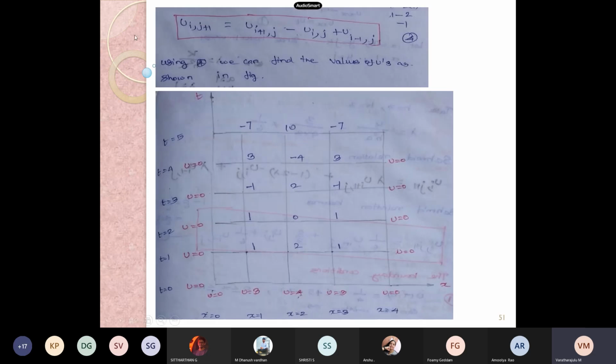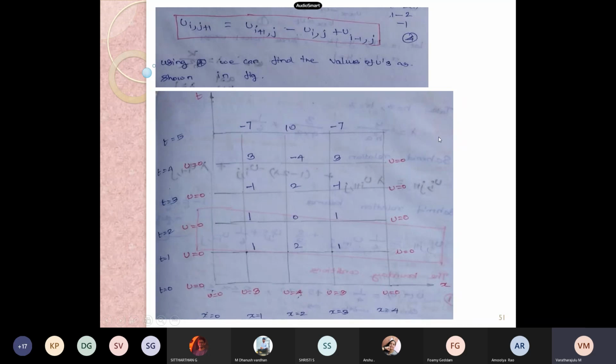Assume t is equal to 5, with h equal to 1 and k equal to 1. That is the given boundary I am asking about. This is the first iteration, the second line is the second iteration, the third iteration, the fourth iteration, the fifth iteration.